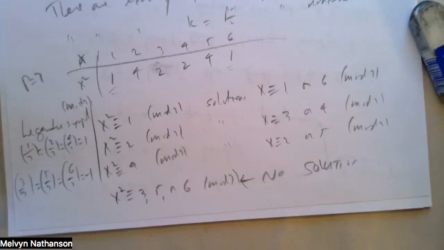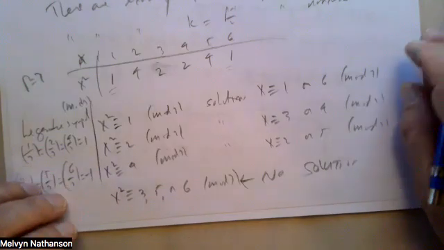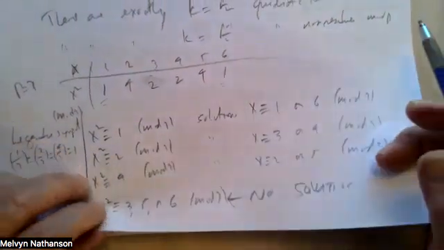So that's the complete story about quadratic residues, mod 7. Let's take another case. Let's take P equal 11.